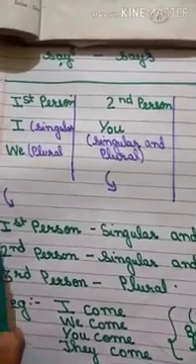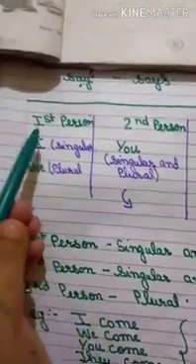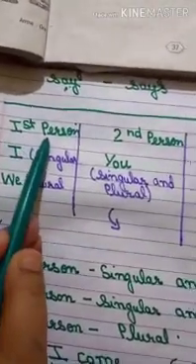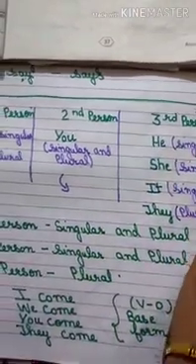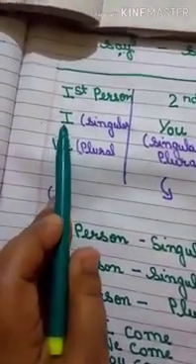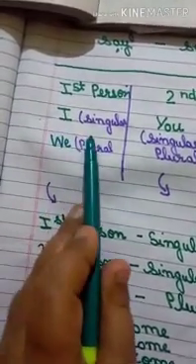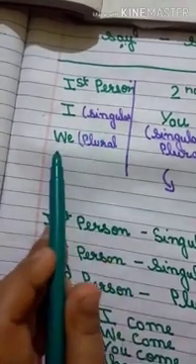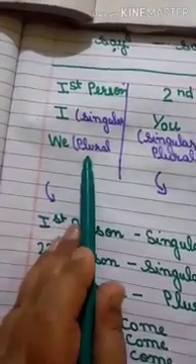But first, let's know the three persons. What are the three persons? First person, second person, and third person. So in first person, I. So I is singular, first person singular. We, first person plural.